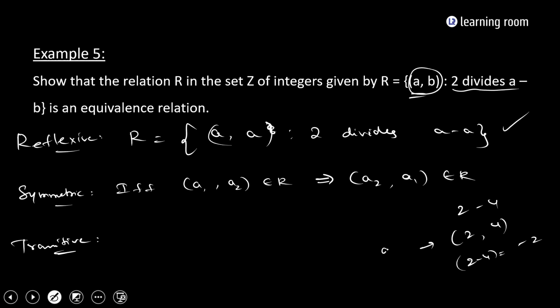Then (a2, a1) will be (4, 2), and 4 minus 2 is 2, which is also still divisible by 2, according to the statement they have given. So in this problem, it has nothing to do with the set of integers or natural numbers, but there are problems where you need to concentrate on them. When we do that, I'll explain.